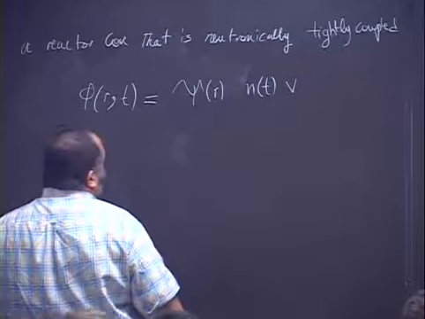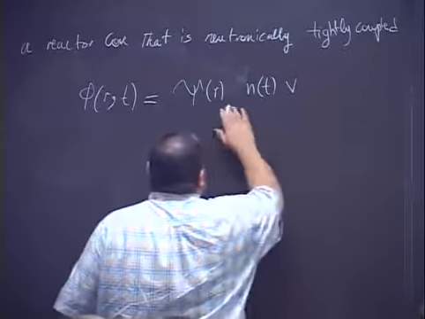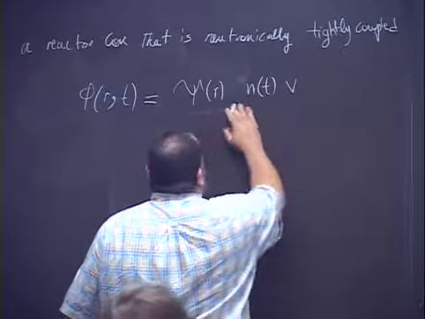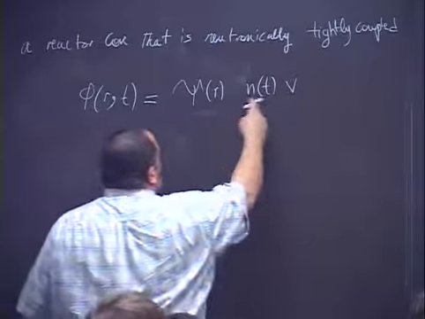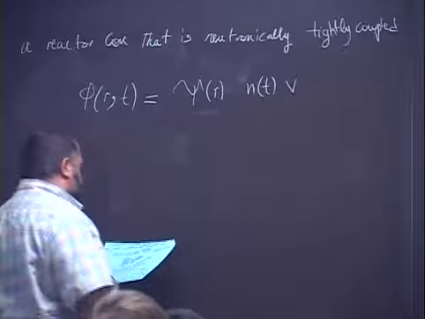The function of t is a flux function, so we make it v times n of t.